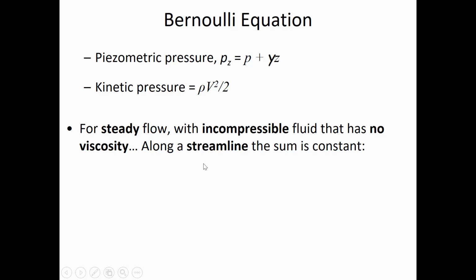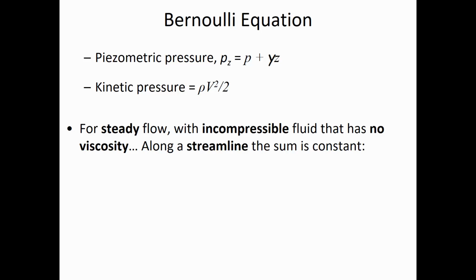Okay, so what Bernoulli's equation says is that for steady flow with an incompressible fluid that has no viscosity along a streamline, the sum of the piezometric pressure and the kinetic pressure are constant. Now this is another way of looking at Bernoulli's equation.